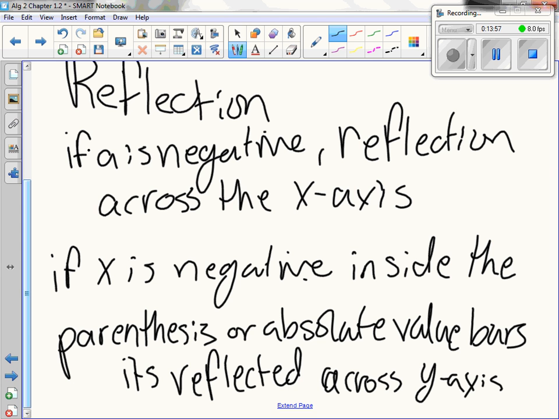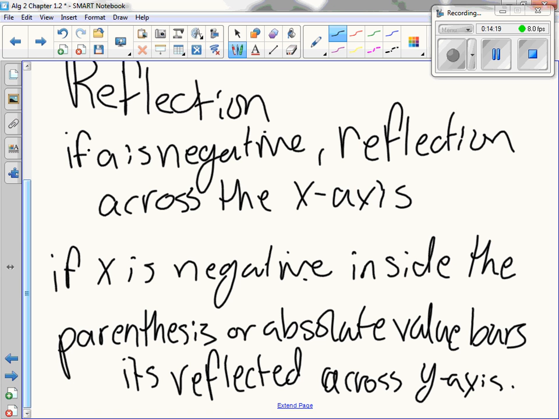I'll read this to you here in a second. So if x is negative inside the parentheses or absolute value, then it's a reflection across the y-axis. This bottom one is saying something like f of x equals parentheses negative x, squared.